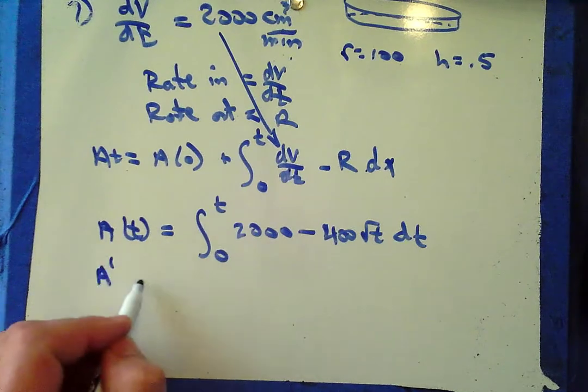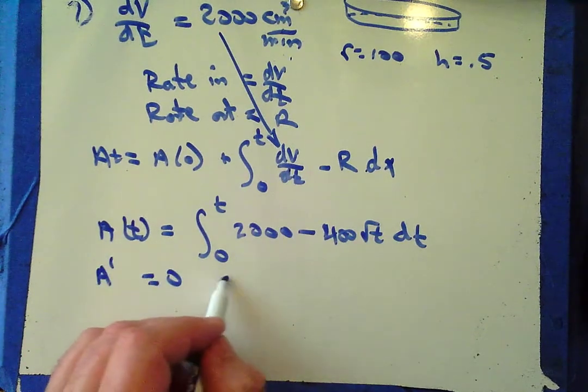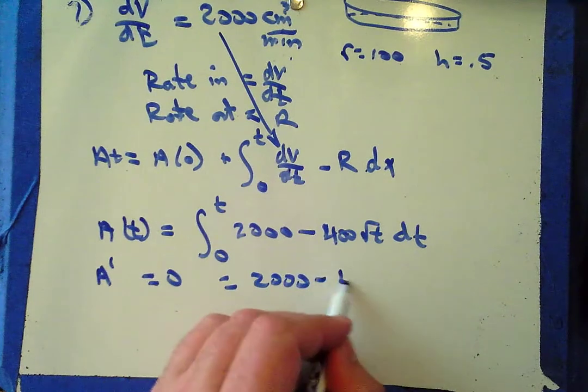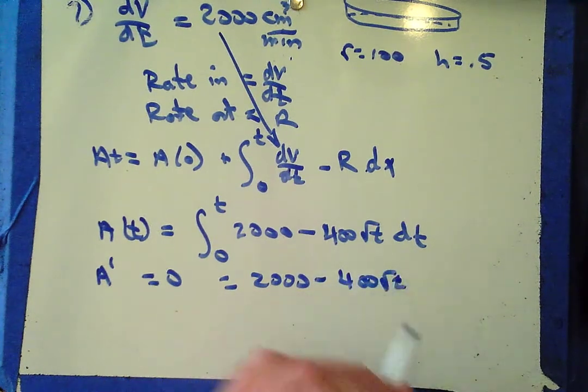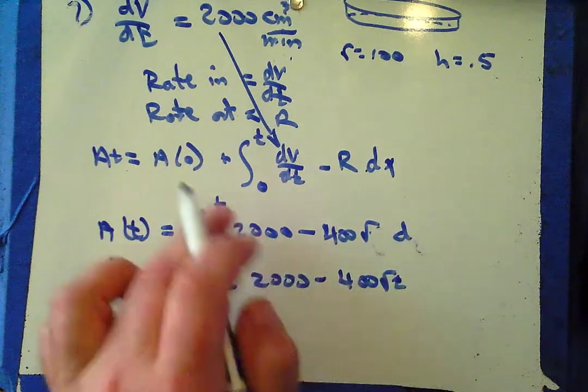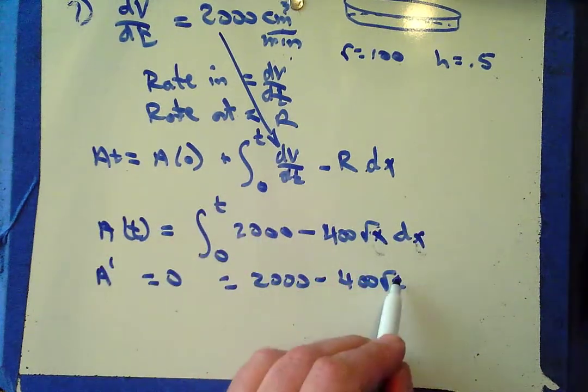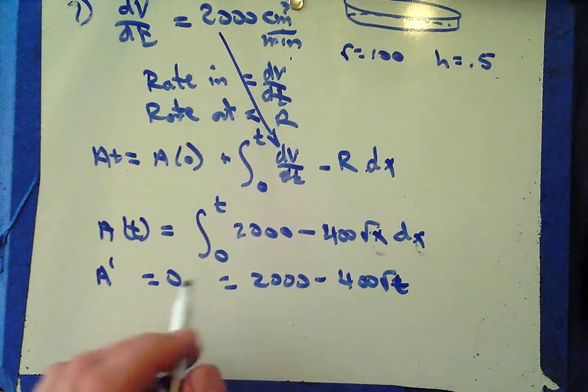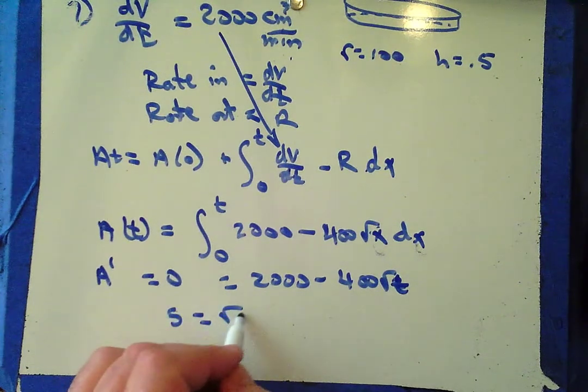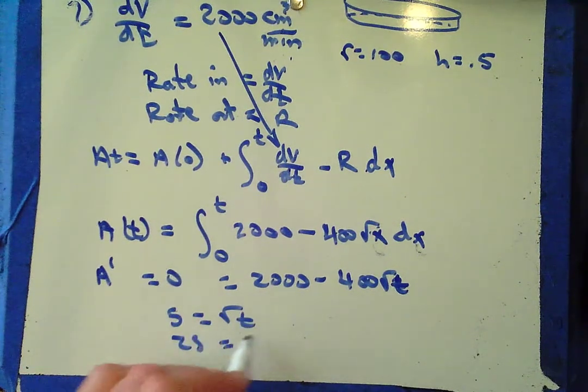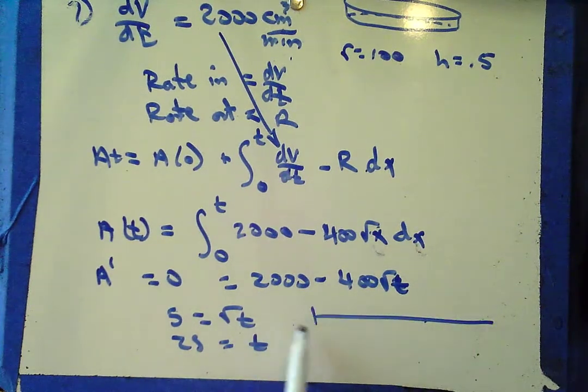So I want to know when A prime equals 0, and that's when 2000 minus 400 square root of t equals 0. So 5 equals square root of t, 25 equals t. I get t equals 25. And if I look at my A prime sign chart, I have 0, and the recovery vehicle just works forever.